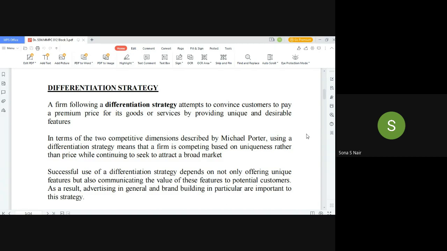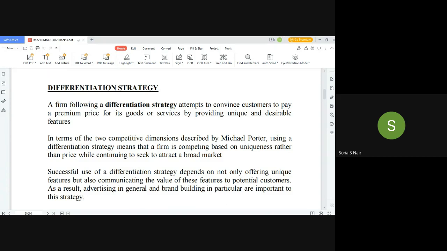Differentiation strategy would mean that the organization is focusing on either the whole industry or a specific market segment. If the differentiation is meant for the whole marketplace, then it is a pure differentiation strategy. And if the differentiation is meant for specific segments only, then it is focus differentiation.